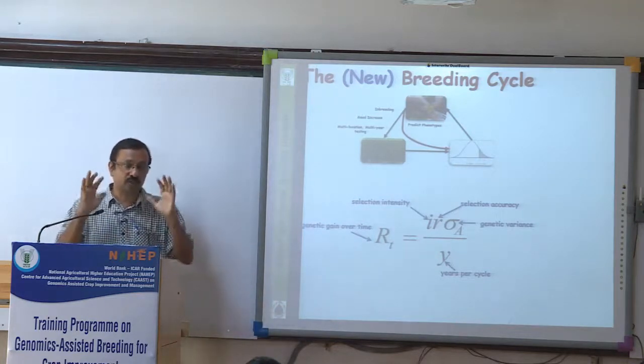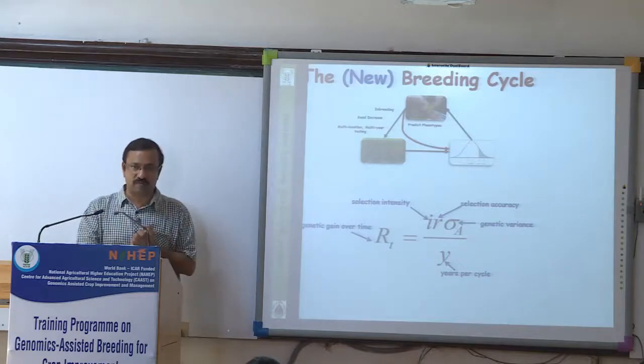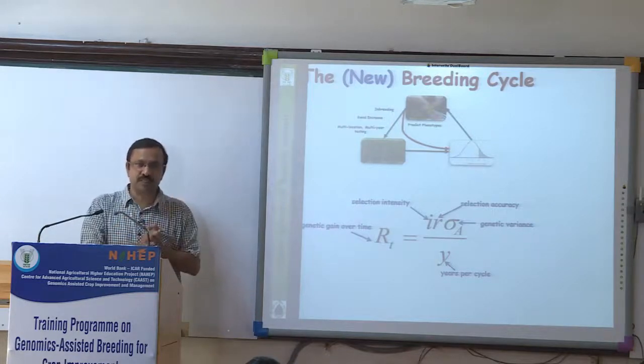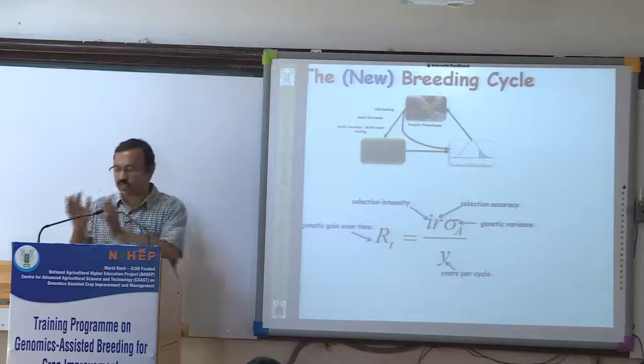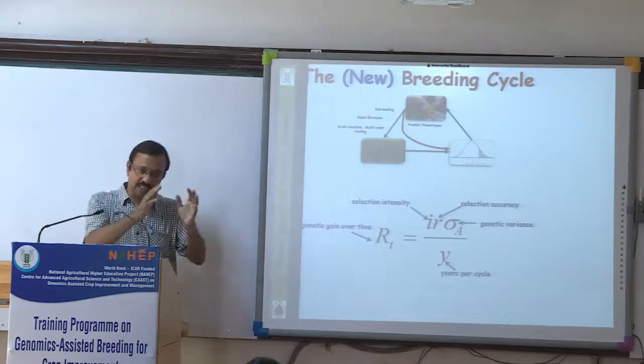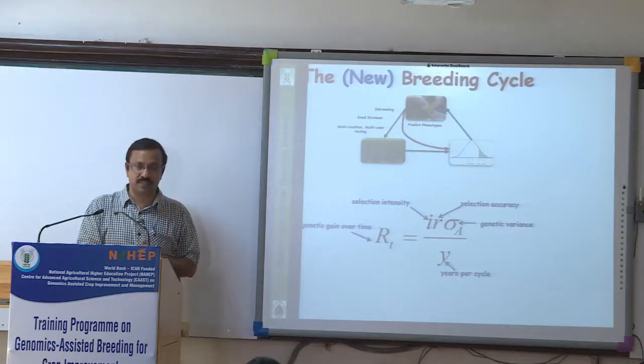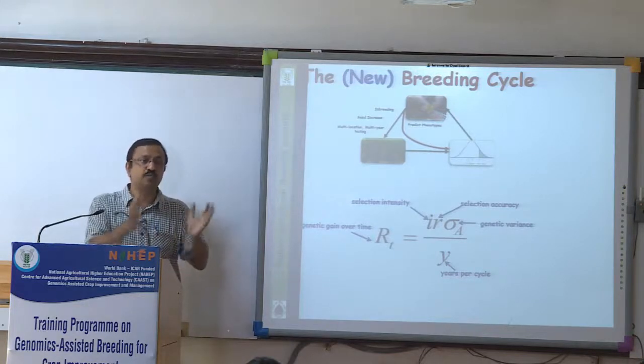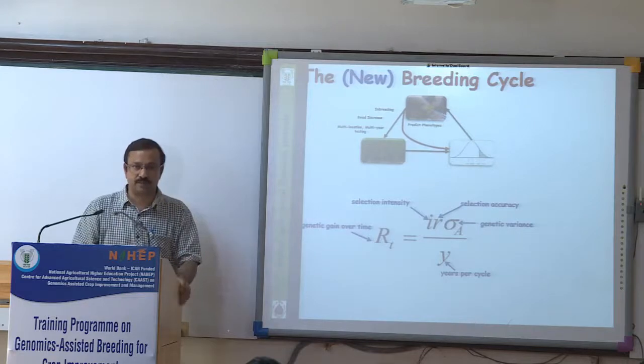So, I would like to capture all this molecular marker information, and once captured, using this information I would like to select from the population lines which have at least 80 or 90% of these markers, and then use them as parents for crossing.